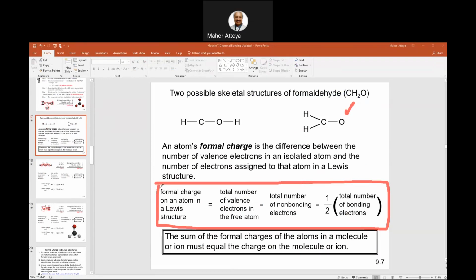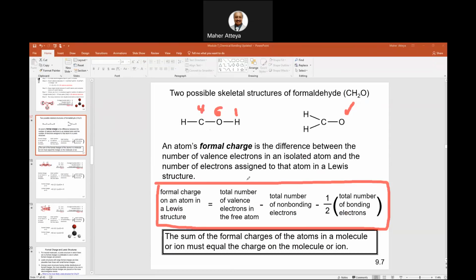The formal charge of an atom of Lewis dot structure, for example, the carbon, is the total number of valence electrons of this atom. Carbon 4 valence electrons, oxygen is 6 valence electrons, and hydrogen is 1.